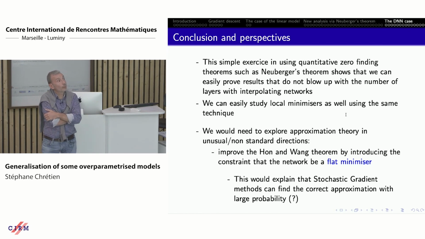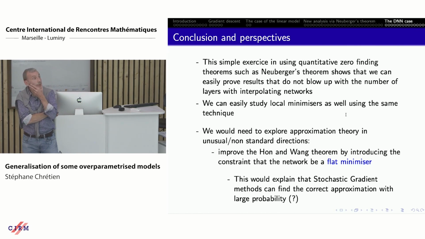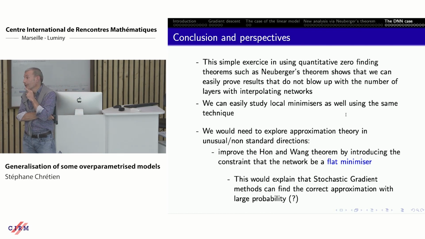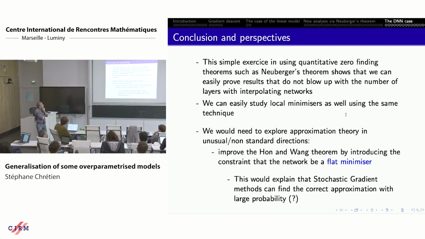Okay, what we would like to prove now is that the minimizers that we were able to discover are in a location of the parameter space where the empirical risk is flat. That would make the point for going further in that direction, because that would explain that stochastic gradient has a good probability of landing there.